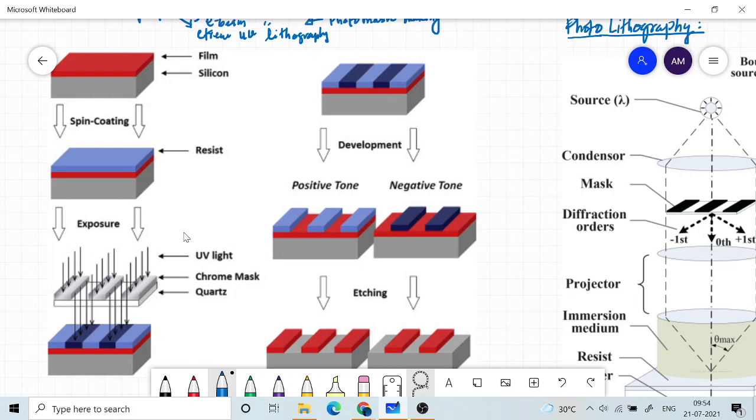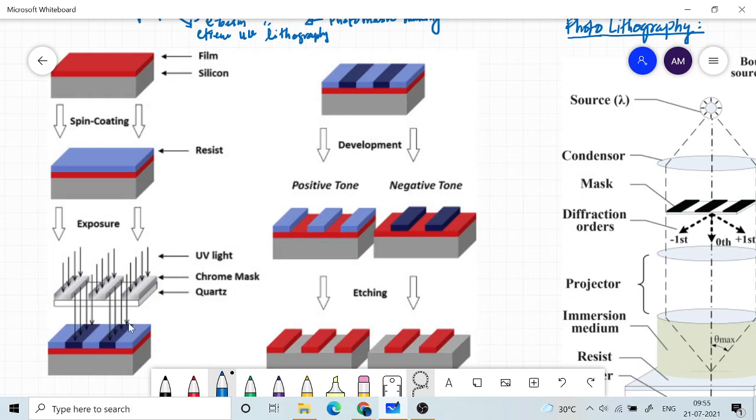So once you irradiate with the light, the photo mask blocks the light in certain regions, and it will be transparent to the light in certain regions. If it is a UV light, transparency can be blocked with chromium metal. So chromium is blocking light, and glass will transfer the light. So wherever it passes, the light will fall on the photoresist in those regions only.